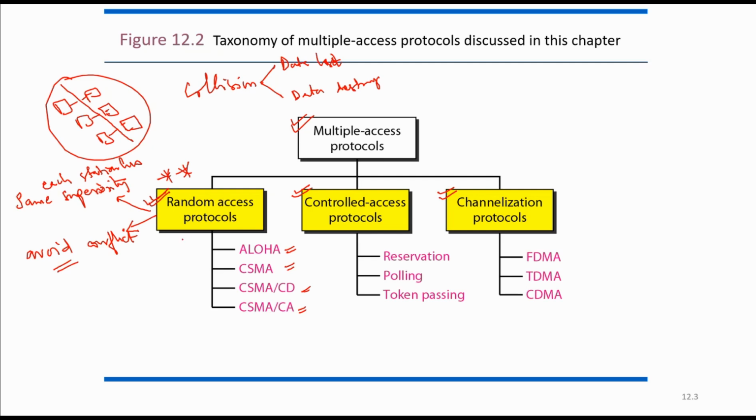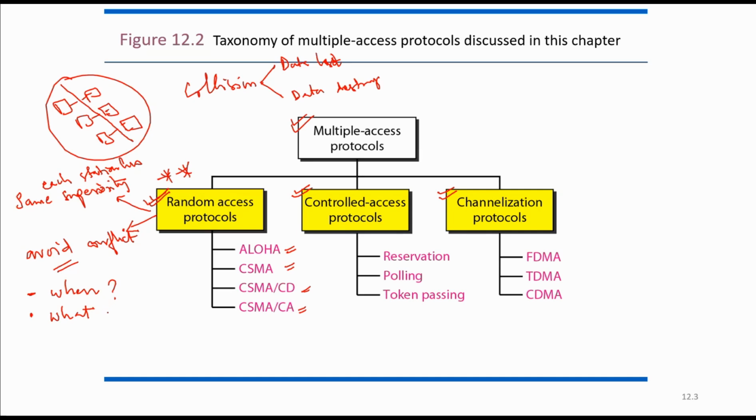Random access protocols basically focus on different points. They govern when a particular station can access a media or a channel. They define a set of rules to specify which station can send, or which station can access a particular media, and what can be sent.